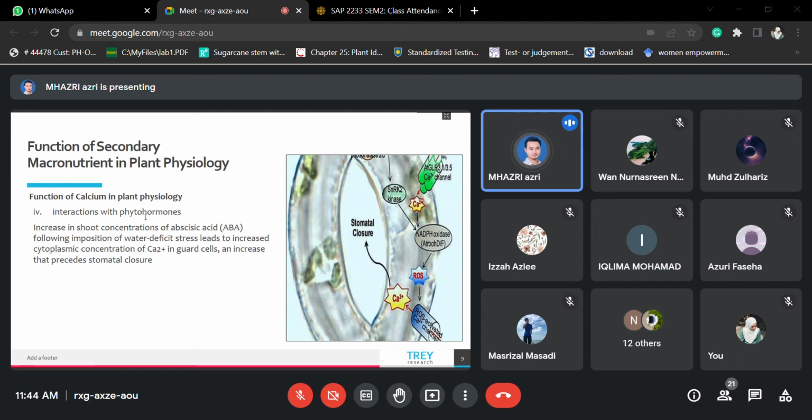Okay, so bila bila ROS ni tinggi, ROS ni akan activate calcium channel. Okay, so what happens? So bila calcium masuk ke dalam stomata, dia akan menyebabkan potassium ion pula keluar, okay, daripada guard cells ni.